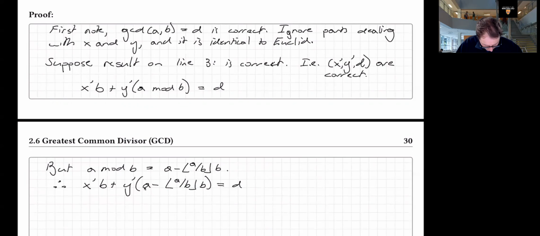multiplying A. So if I look at what multiplies A, I get Y prime A. And then what multiplies B?